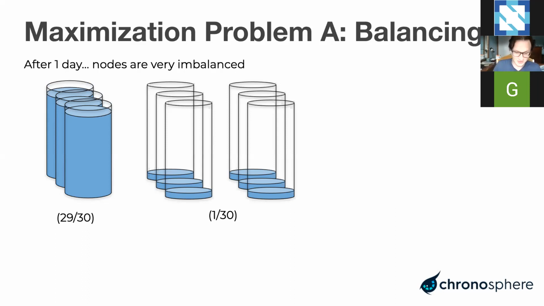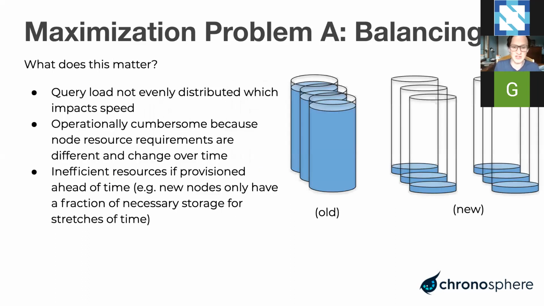And this has many different implications that are negative. So for one, the query load is immensely imbalanced in a way that would result in slower speeds, because you can imagine searching through all of the data on these really large instances with way more data, it's going to be much slower than if that were actually evenly distributed among all 9 different nodes.